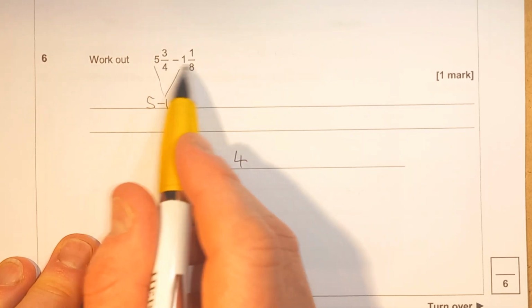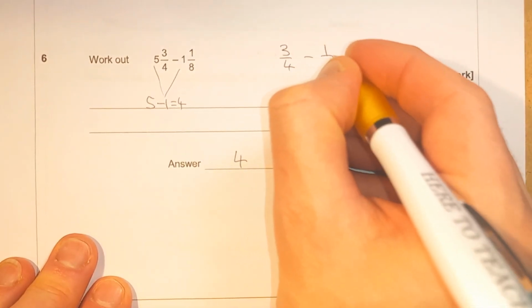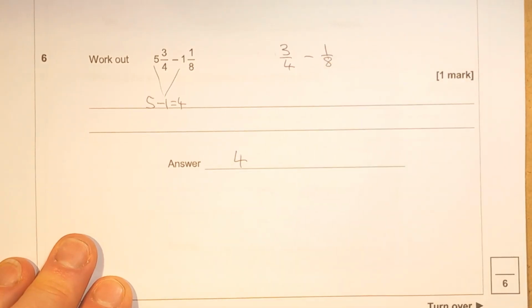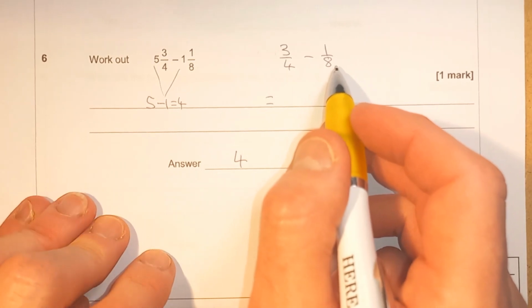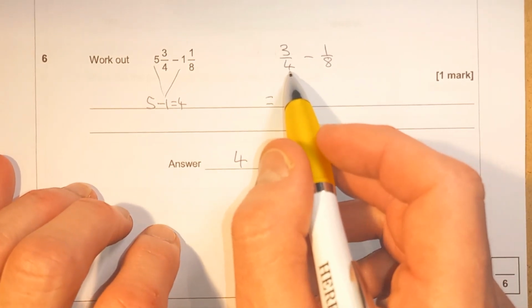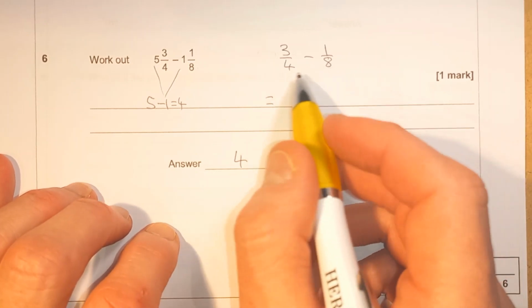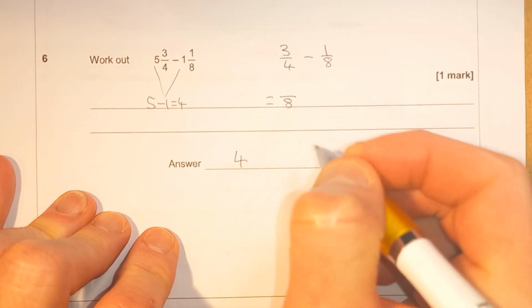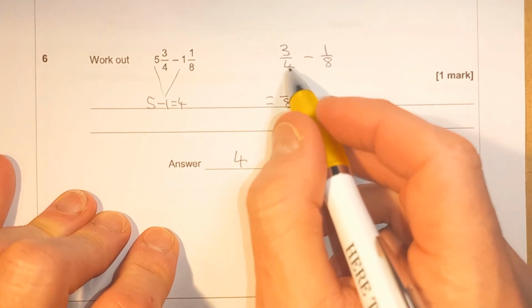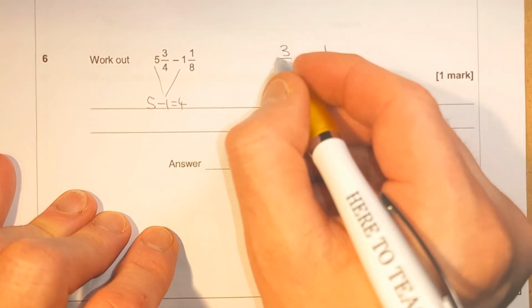To know what's left of the fraction, we need to do 3/4 minus 1/8. And to work this out, I need my denominators to be the same. Well, I can see 4 goes into 8. In fact, 4 is half of 8. So I want to rewrite this fraction as being over 8. And because it's half, I need 4 times 2 to get me up to 8.